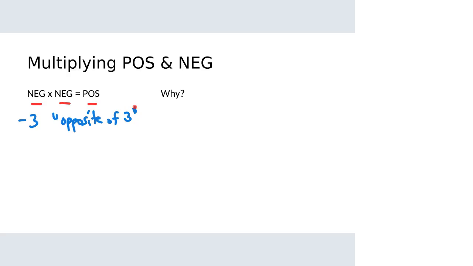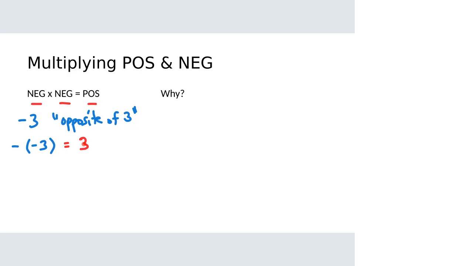And if I were to write this, -3, what we've got here is the opposite of 3. And the opposite of the opposite of 3 takes me right back where I started. So that's just going to be 3. In essence, when I have these 2 negatives next to each other, they quote unquote cancel each other out because we're doing the opposite twice.